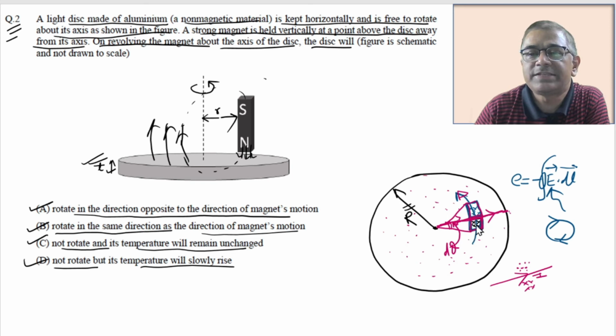So you see, as the magnet is moved, what is happening within this region? Magnetic flux is decreasing. If the direction of current happens to be radially outward, as I have chosen, then the magnetic field produced by this current will try to oppose the decrease in magnetic field. Is it right?